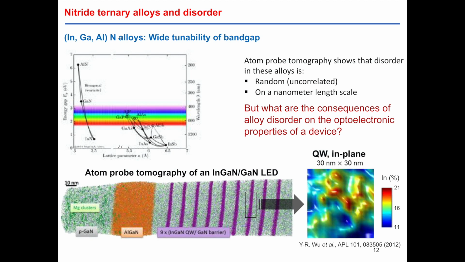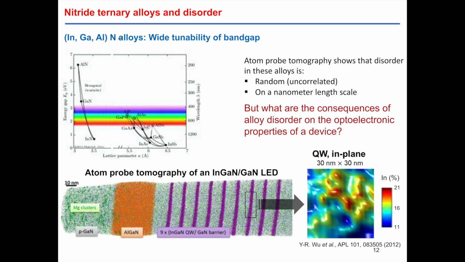We have a random alloy of indium atoms in a gallium nitride matrix. If we have a random distribution, then we have fluctuations of composition, and these fluctuations give rise to local variations of indium composition.